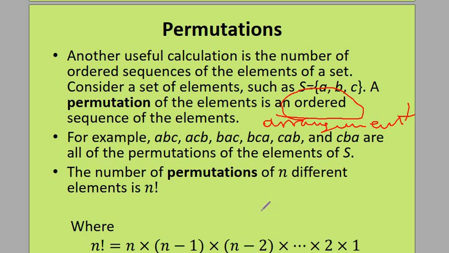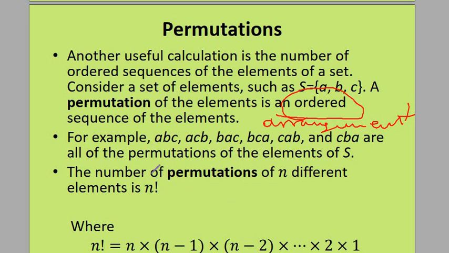For example, you have A, B, C, and then A, C, B, and then B, A, C, and so on. Those are different permutations that you can get from 3 elements A, B, C. So with permutation, you are interested in the order of the sequence of elements for that sample size.